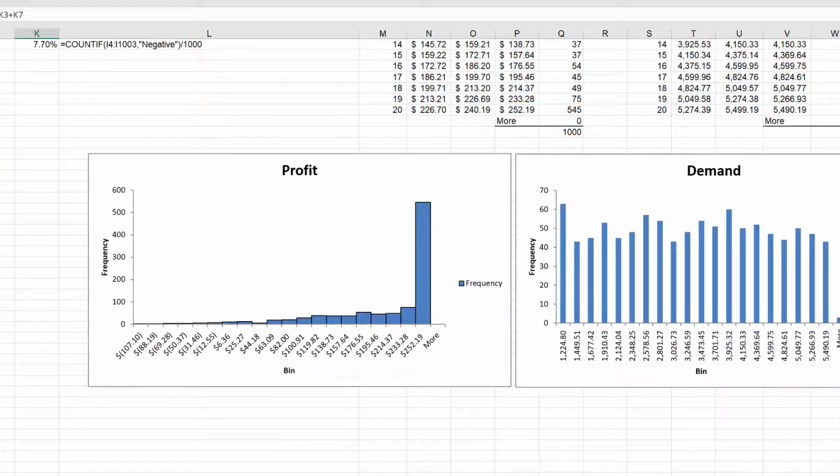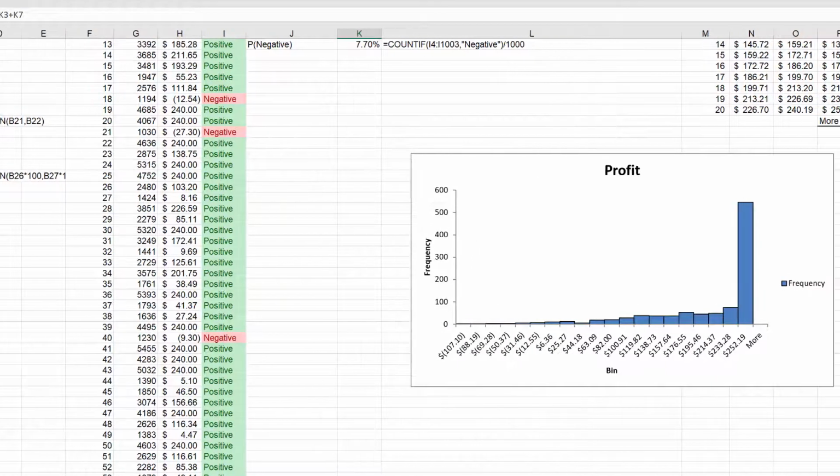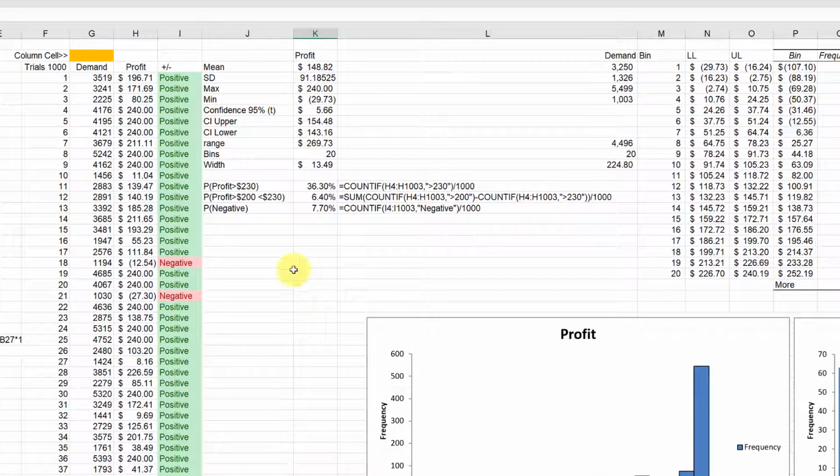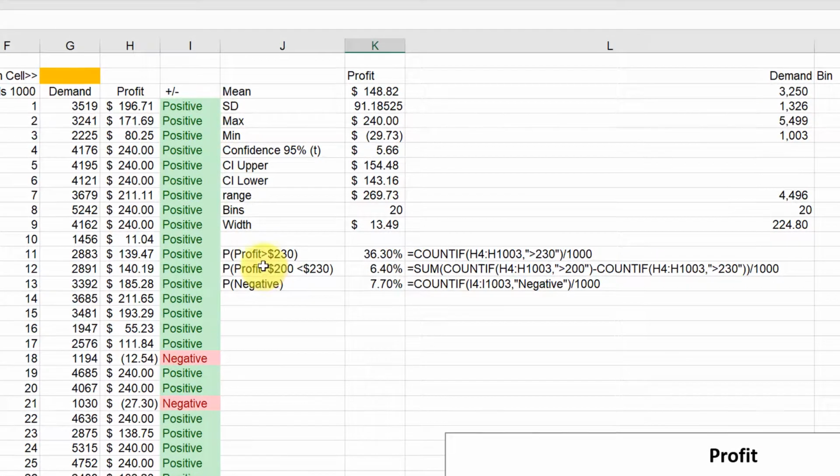Since this is not a typical distribution, we're going to have to just use the empirical way of coming up with some answers here. And what I did, I asked the question, what is the probability that the profit will be greater than $230 in this case? And to find out, we just use the COUNTIF function.